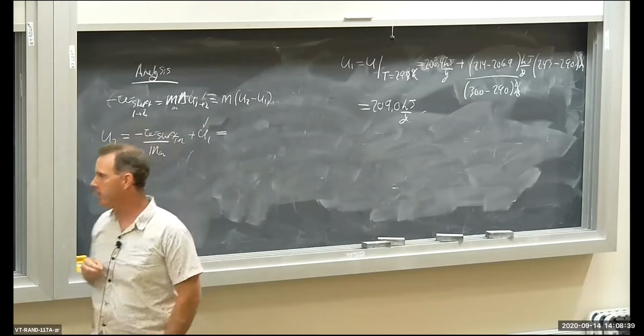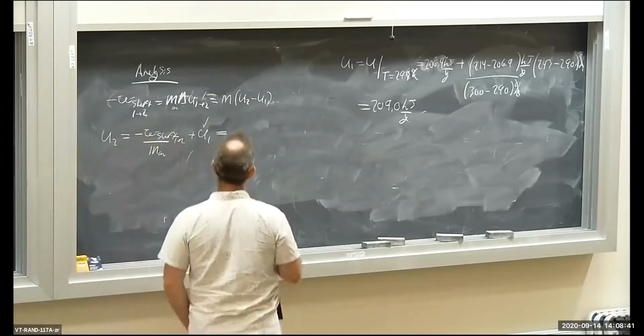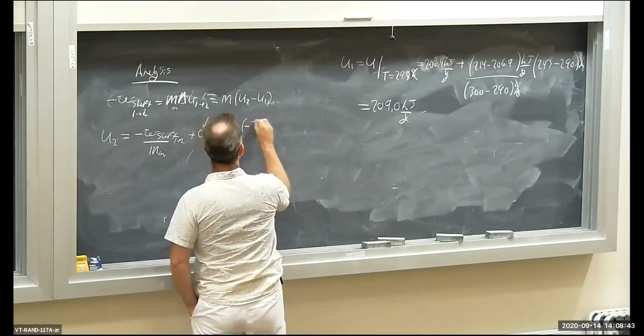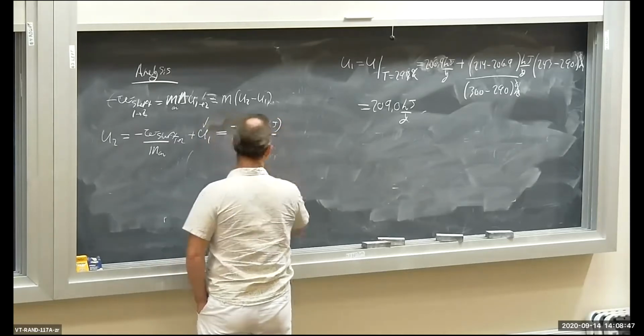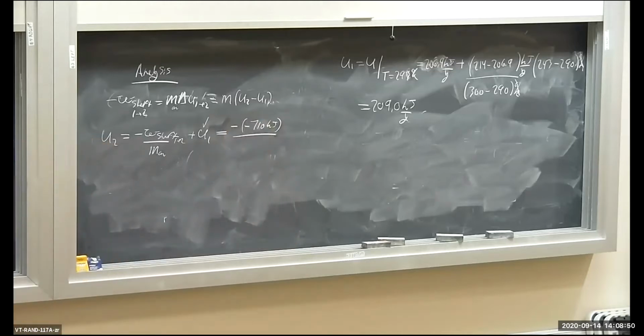W shaft is negative 710. And then I have the mass. What was the mass again? It's 4.76 kilograms.